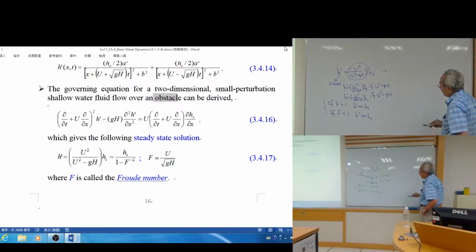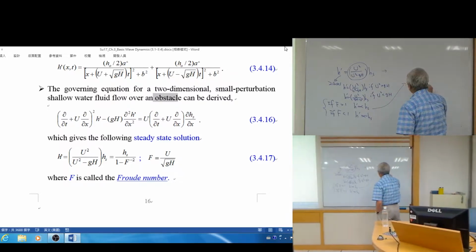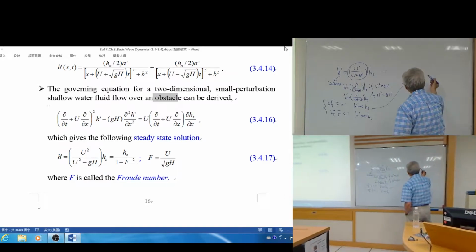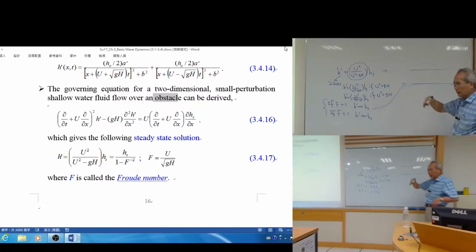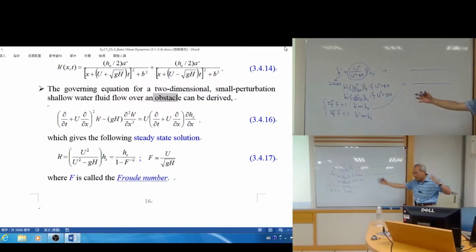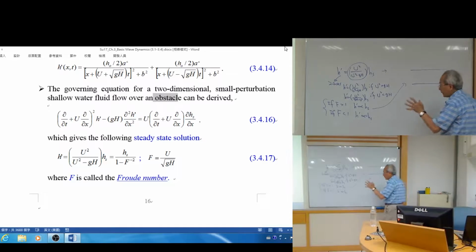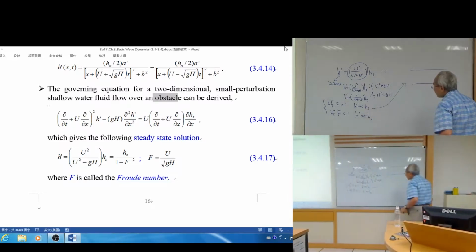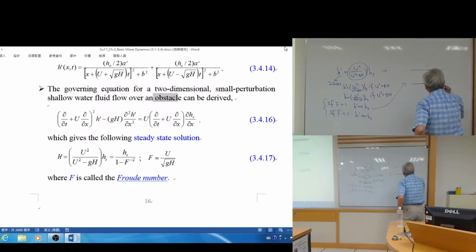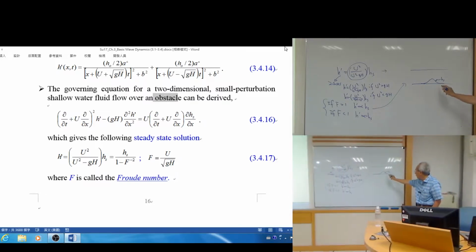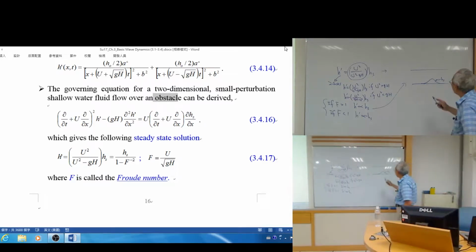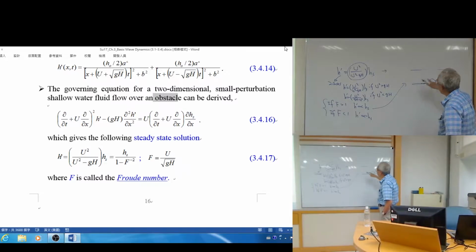Okay, so what does this mean? It means you have a disturbance, and for a long-term steady state, if I have a mountain here, and this is h sub s, that's the mountain h sub s, then the perturbation here will be proportional to this.